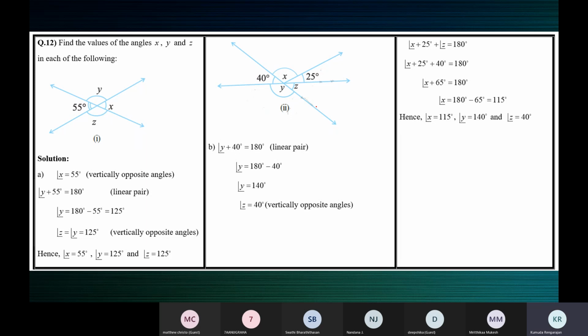If I want to find x first. Are you there, Deepshika? Anugraha, if I want to find x first, how will you find? For figure 2.